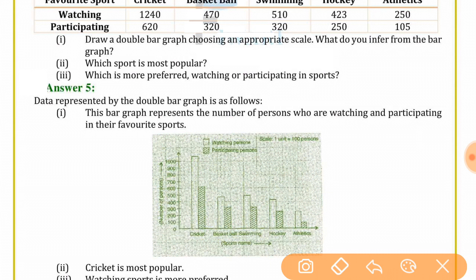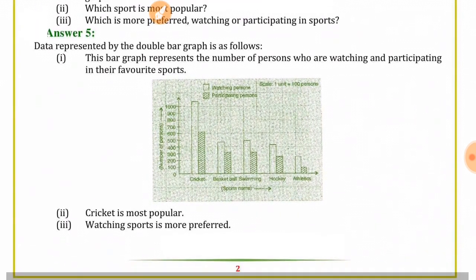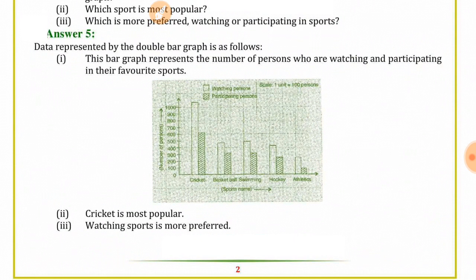Which sport is most popular? Cricket. Then which is more preferred, watching or participating in sports? Yes, usually watching sports is more preferred because players are fewer compared to watchers.